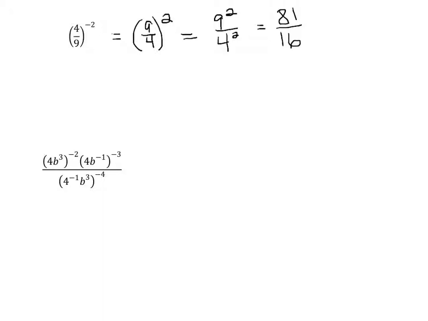But I would say, because this -4 is in the denominator, I would move that up to the numerator and raise it to the positive 4th power. Then this has a negative exponent and that has a negative exponent, so I'll put those in the denominator.